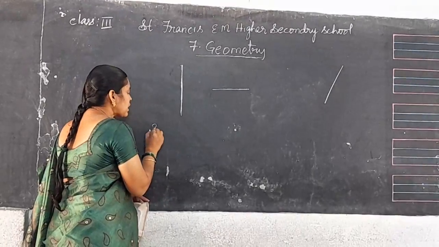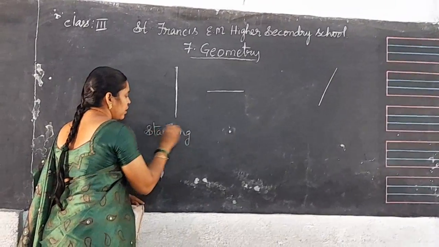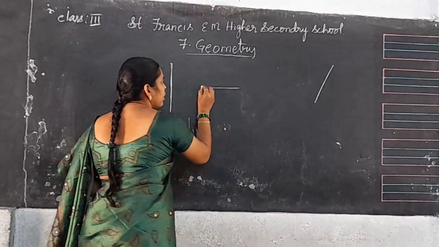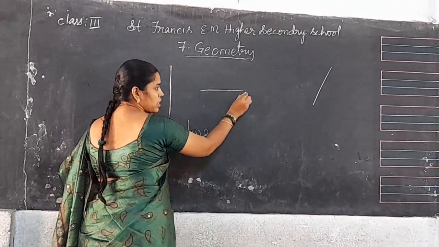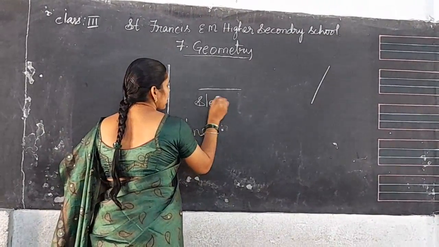This is called a standing line. This one is called a horizontal line, also called a sleeping line.